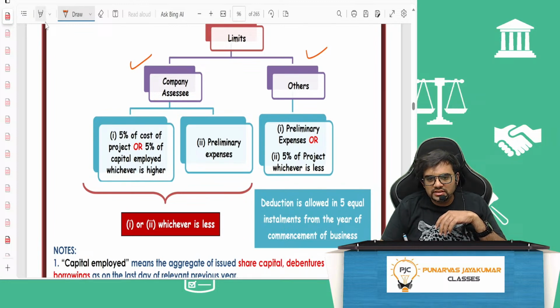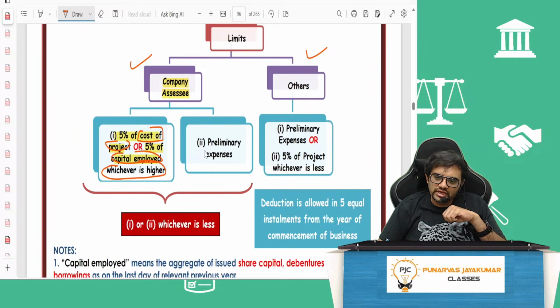Company SSE. How much, guys? 5% of the cost of the project or 5% of the capital employed, whichever is higher.